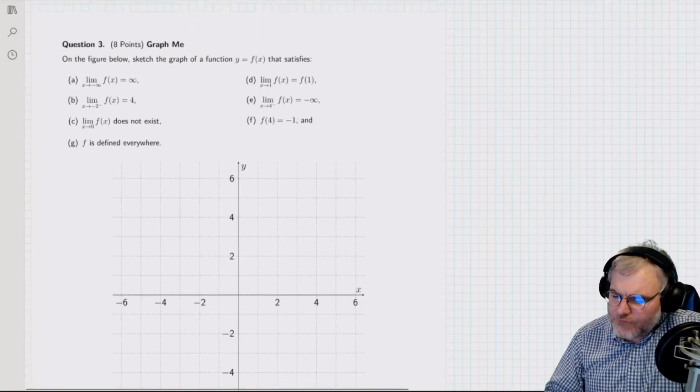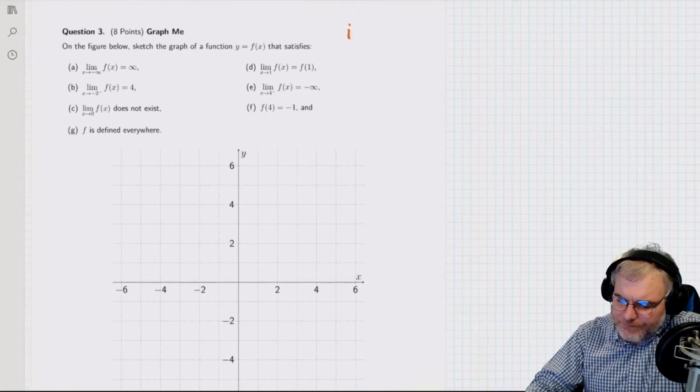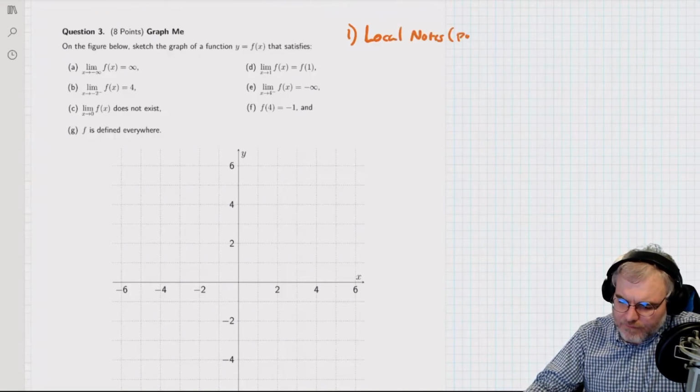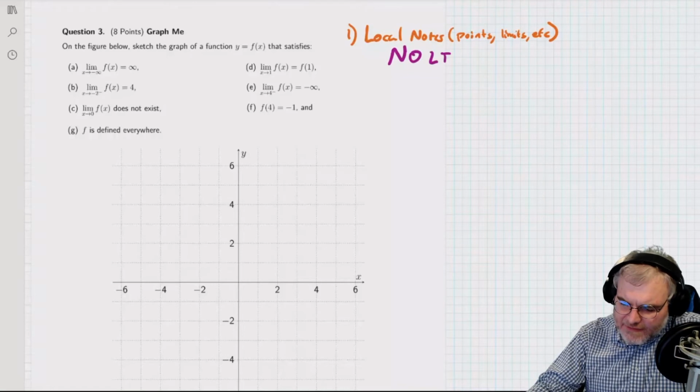The first phase is notes, and in this phase I'm going to have no lines, except tails, which I can erase.